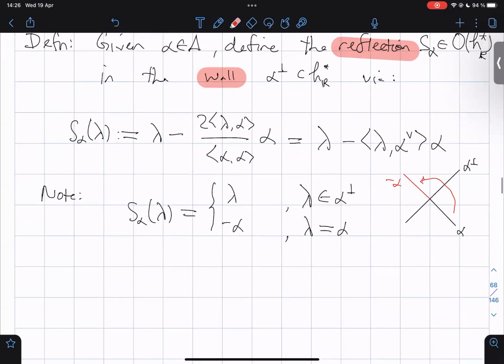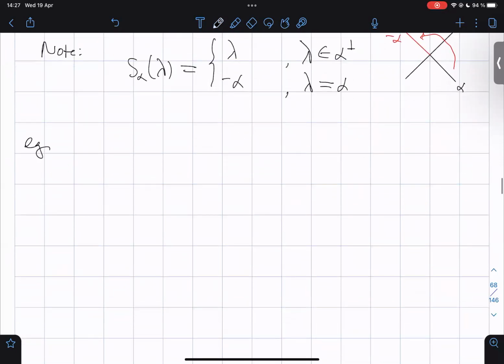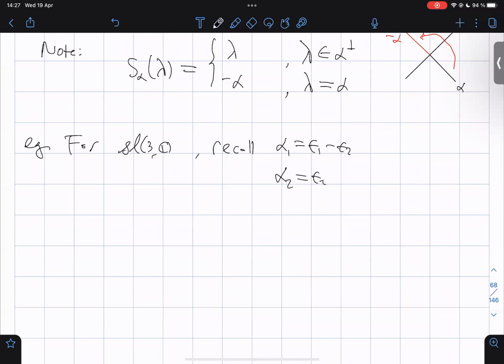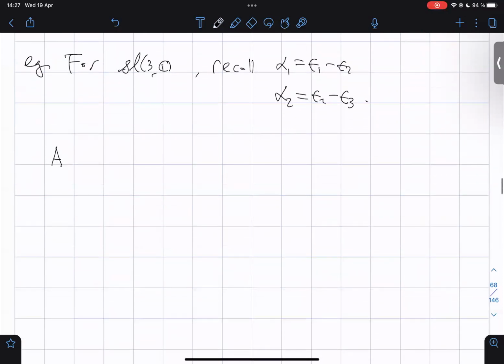So let's be concrete in the case of SL3. Where do these come up? For SL3, let's recall that alpha 1 is epsilon 1 minus epsilon 2, and alpha 2 is epsilon 2 minus epsilon 3. So we're going to build a table here of certain choices of A sitting inside invertible 3x3 matrices.